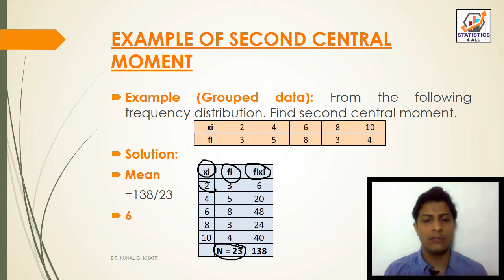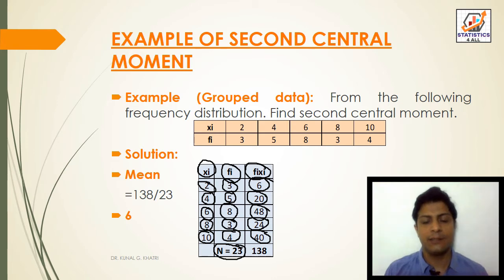So 2 into 3 is equal to 6. 4 into 5 is 20. 6 into 8, 6 8s are 48. 8 into 3, 8 3s are 24. And 10 into 4, 10 4s are 40.